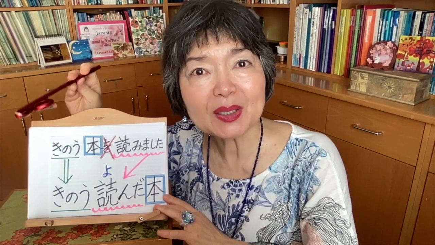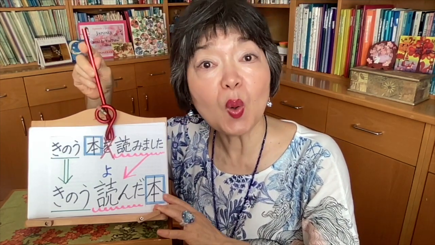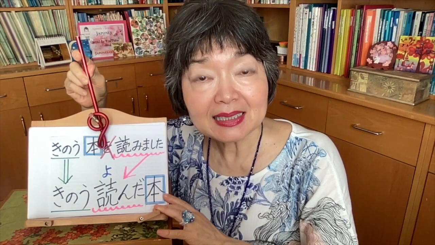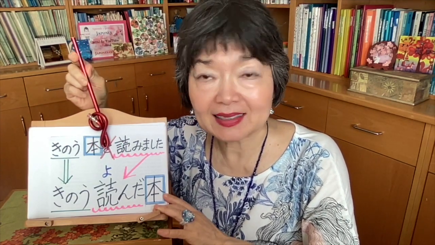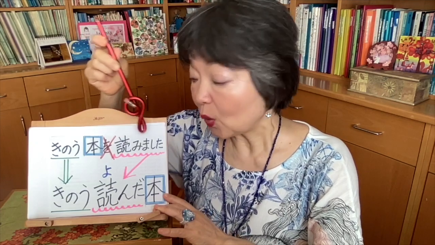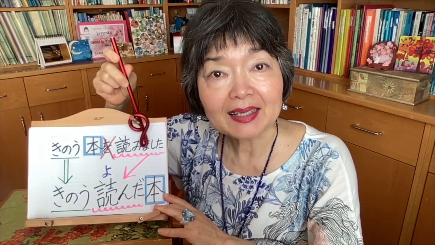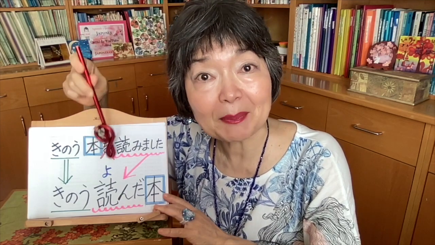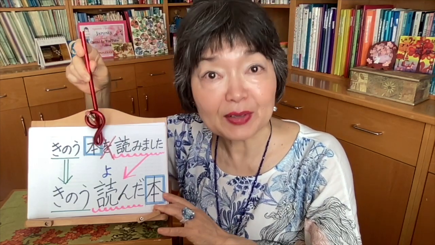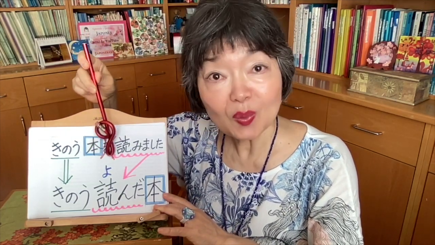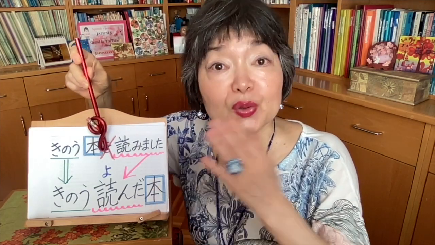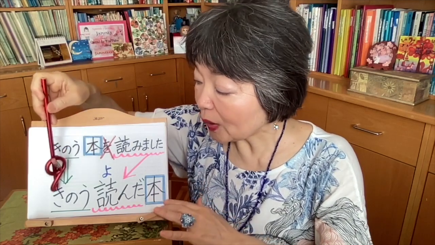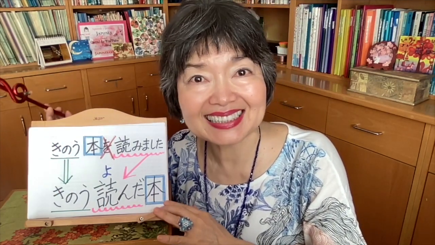We use the particle を, 本を読みました, because this を means the direct object. 本を. What did you do? 読みました. But what? 本を読みました. So this is the particle of the direct object. But this を you don't have to use. It must disappear when we say it in the relative sentence.